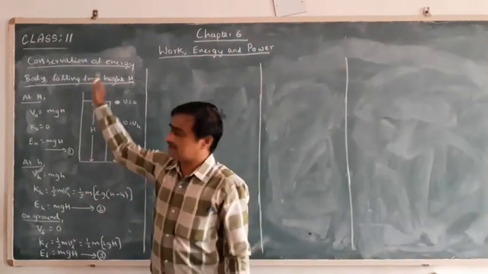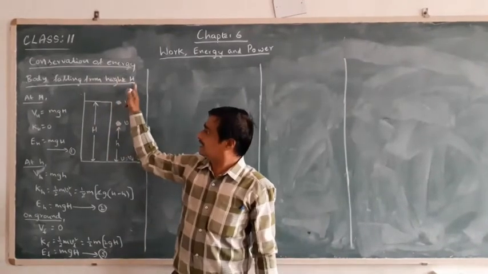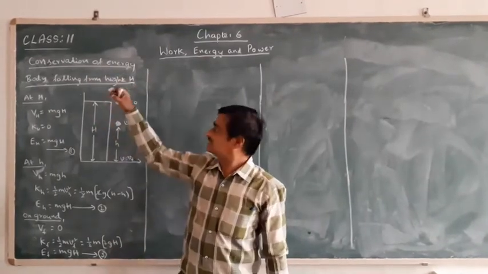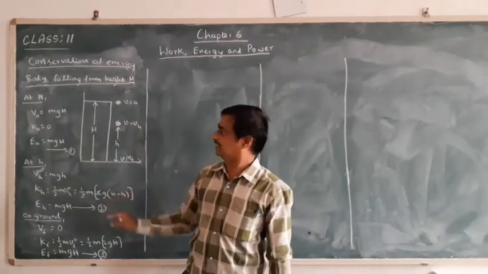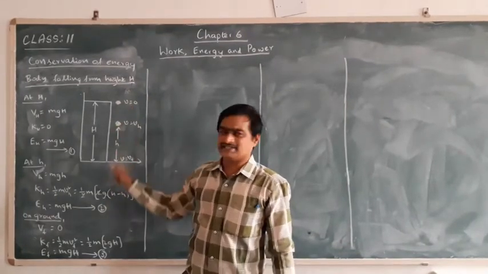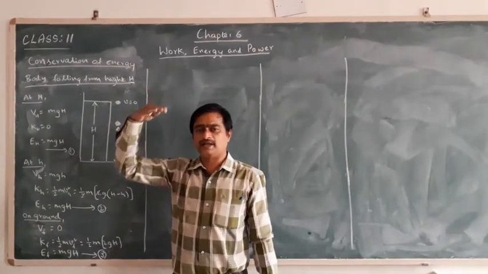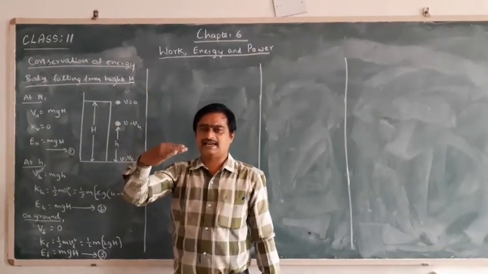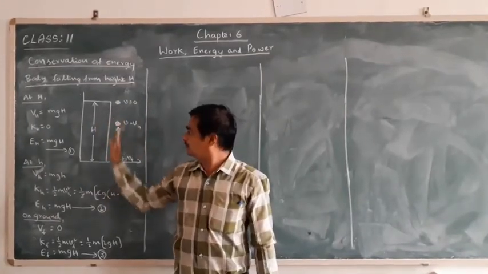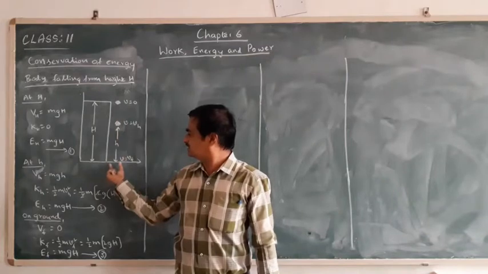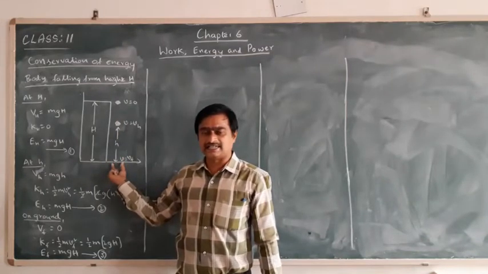Now we see conservation of energy for a body falling from height capital H. We just drop a body of mass m from this height H. Then we see three conditions: what is the energy at the topmost point while we are dropping, what is the energy at some midpoint in its journey, and what is the final energy when it touches the ground?